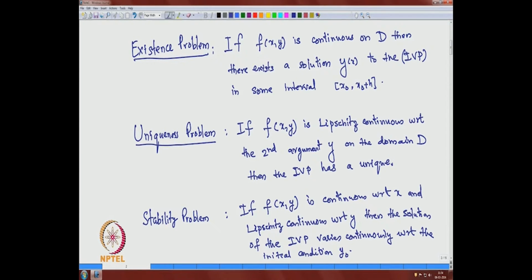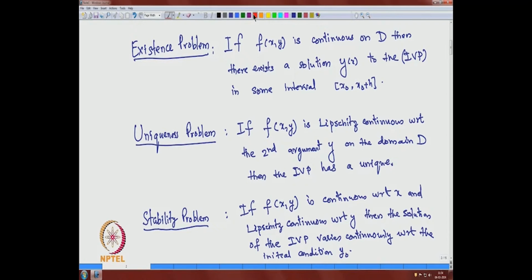So, these are the three major parts of the solution to the Hadamard problem. We will address each one of them separately and we will give sufficient proofs for each of them.